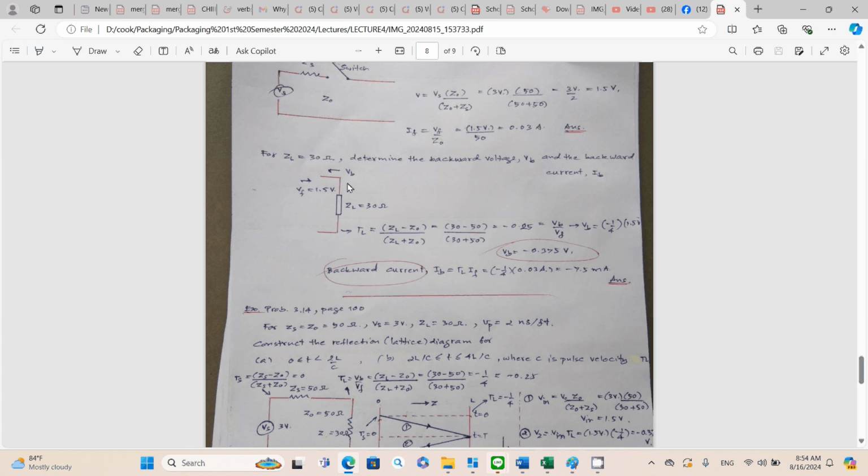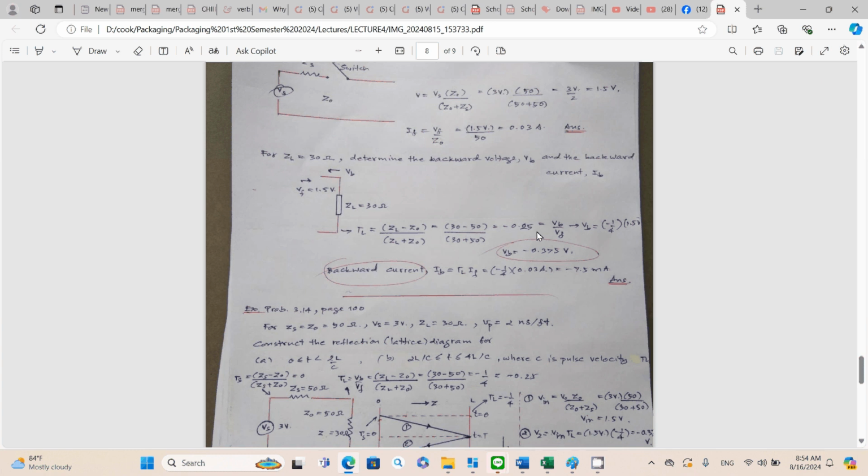So your reflection coefficient at the load end equals ZL minus Z0, the characteristic impedance, divided by ZL plus Z0, and you end up with a reflection coefficient of negative 0.25.